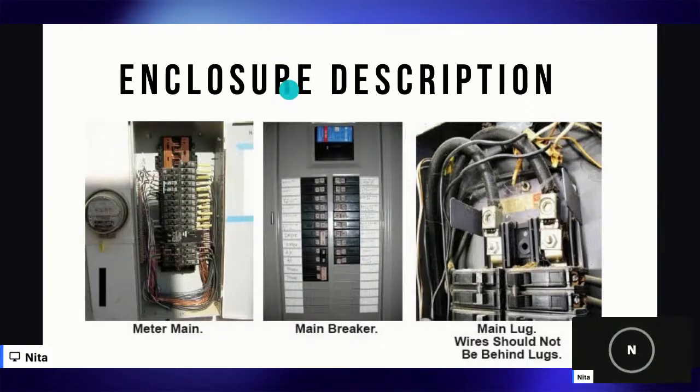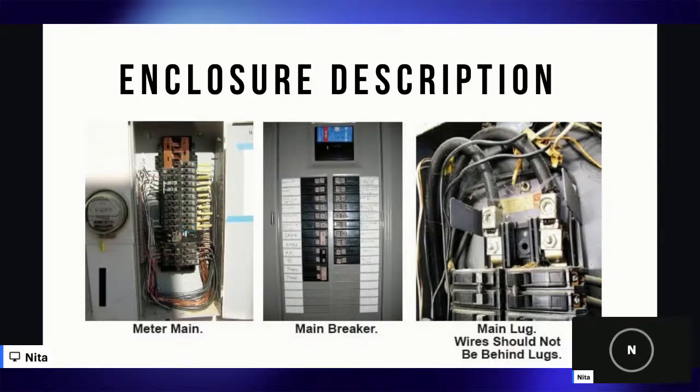And typically in nicer areas like down in Georgia, they sometimes have a meter main. That means you're going to have the meter, your main disconnect, and the panel board all in one box, and it can be on the exterior.